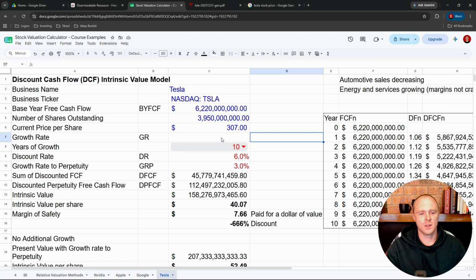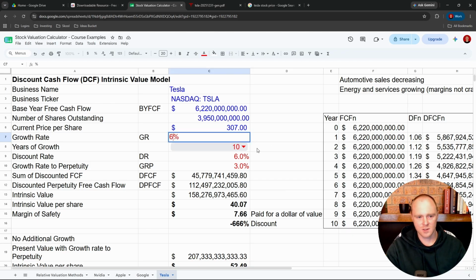The initial wave of momentum that Tesla ran on may have bumped out, and now there's a lot more competition in that space. We also don't see much of a moat around those financials, so it is a bit tricky to value this one. There's a lot more risk involved because there's a lot more unknowns.